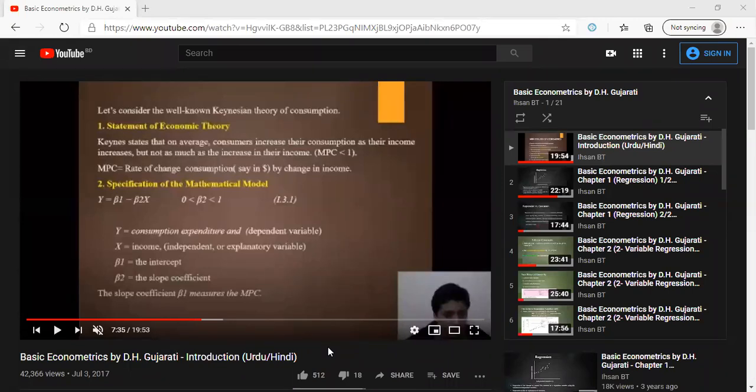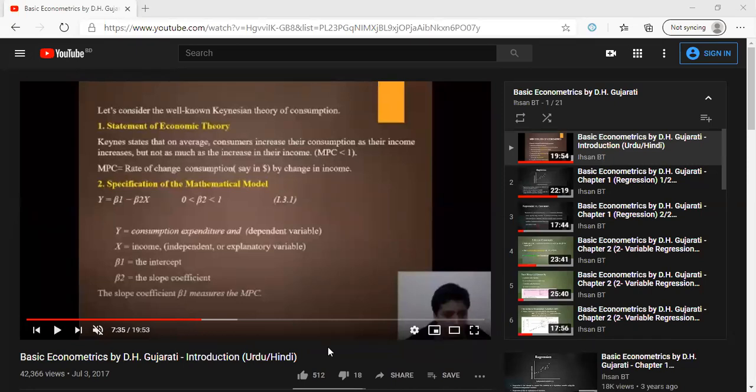So the way this econometrics is arranged is you first start with an economic theory, like the absolute income hypothesis of John Maynard Keynes, where Keynes is saying if income increases, consumption also increases. However, if income increases by $1, consumption increases by less than $1.